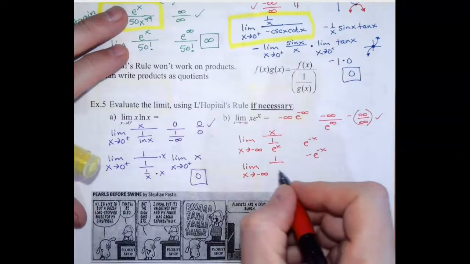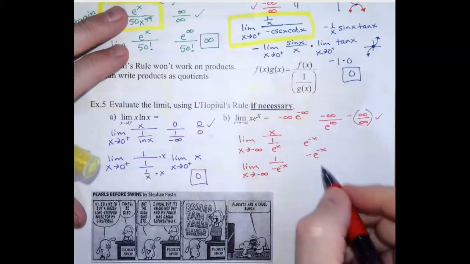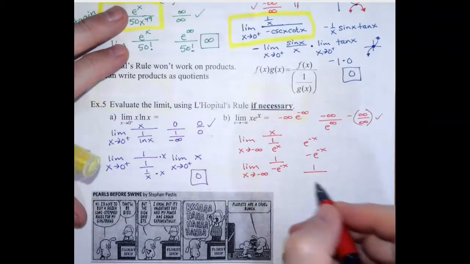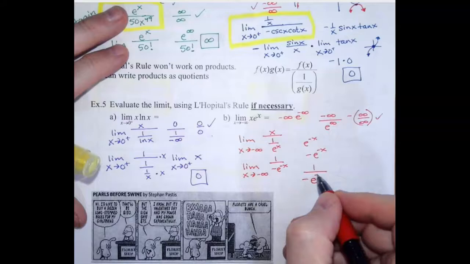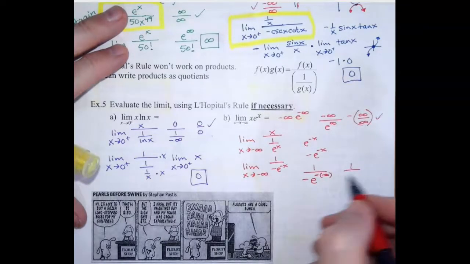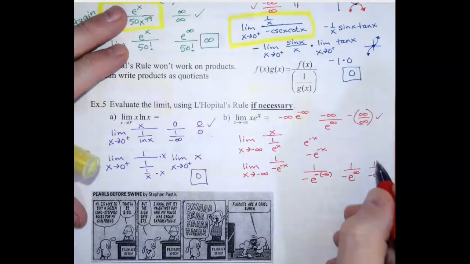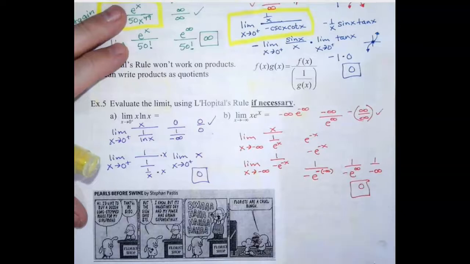So that's going to be negative e to the negative x. Now, if we plug negative infinity in there, we're going to have 1 over negative e to the infinity, which is infinity, so that's going to be 0 also.